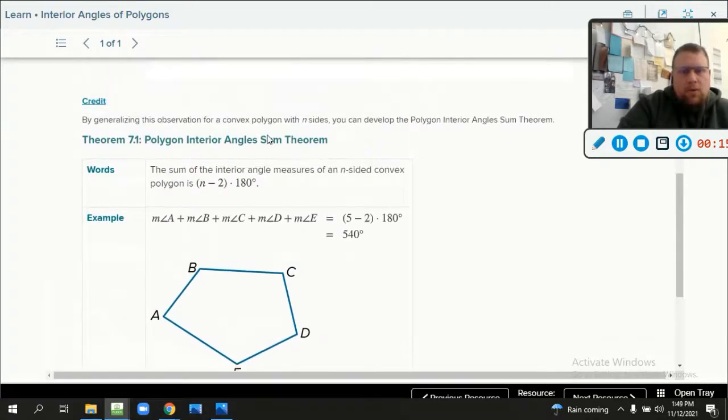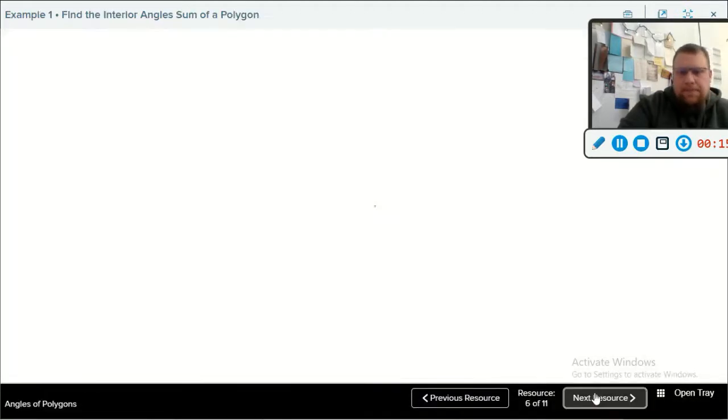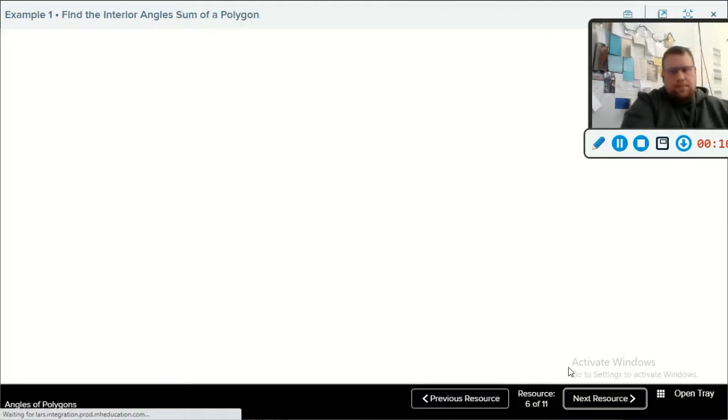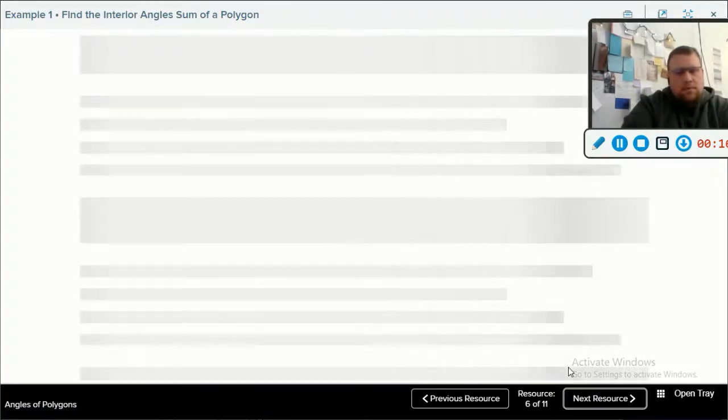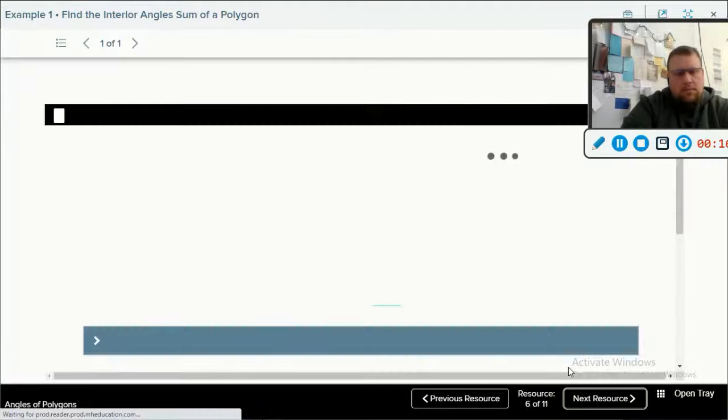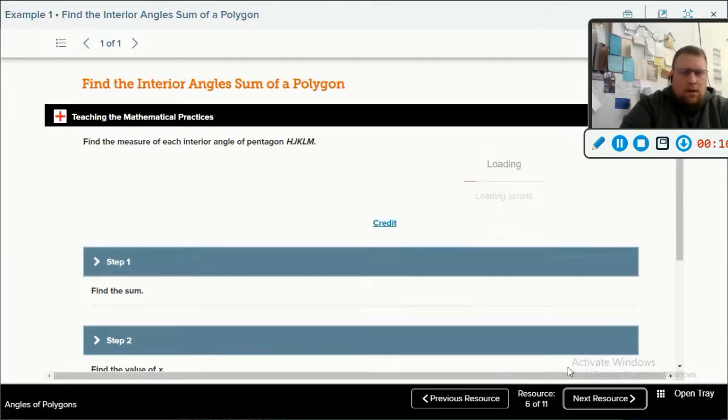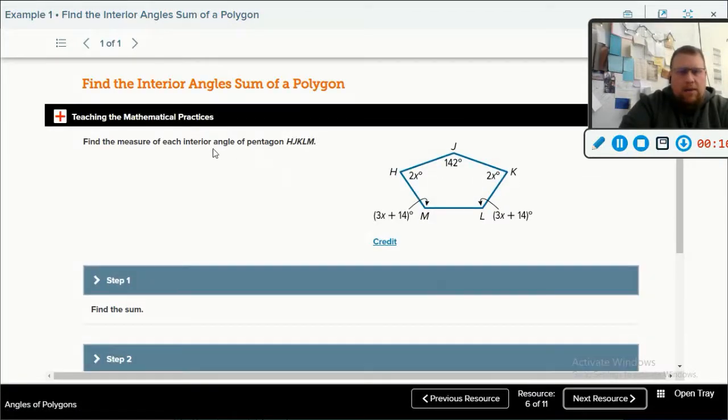Awesome. Write this down, make sure you have the example, and let's move on. Find the measure of each interior angle of the pentagon HJKLM.